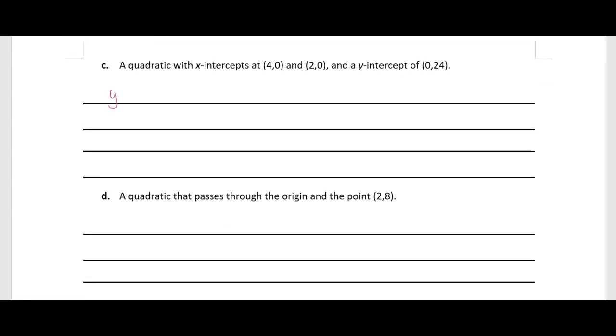Probably should. All right, so this time, because we've got the x-intercepts, you need to substitute them into factorized form. So remember, if these are your values of x, and these are your factors, you're going to have x minus 4, x minus 2.